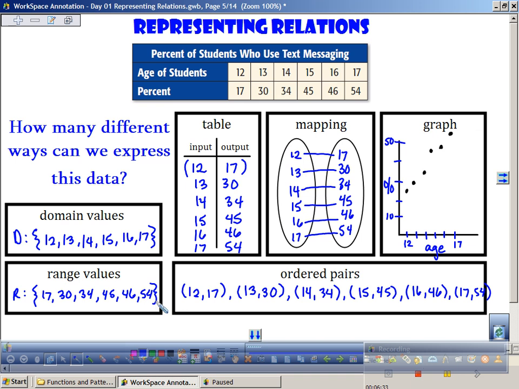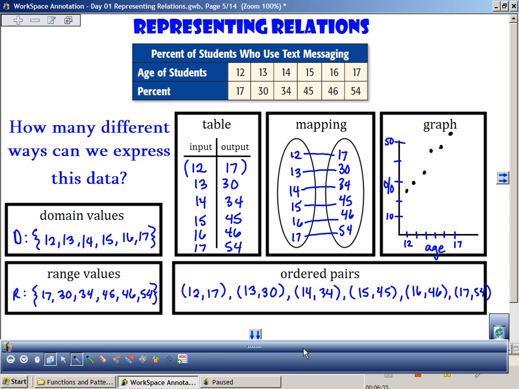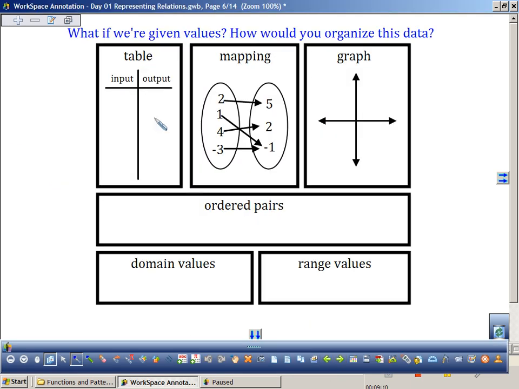Okay, it's kind of boring when we're just talking numbers. These numbers don't mean much to us right now, right? Okay. Any questions on this? On domain, on range, on how to do your mapping? No, we're good? Okay. What if we're given values and then asked to organize it?